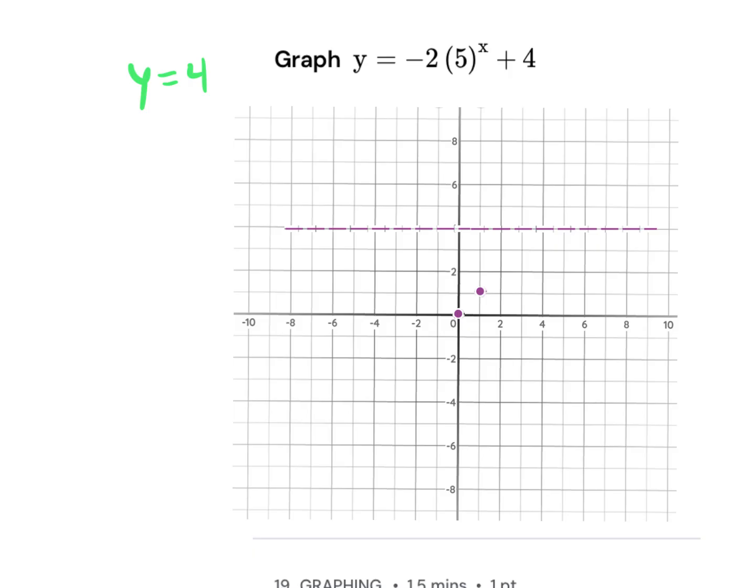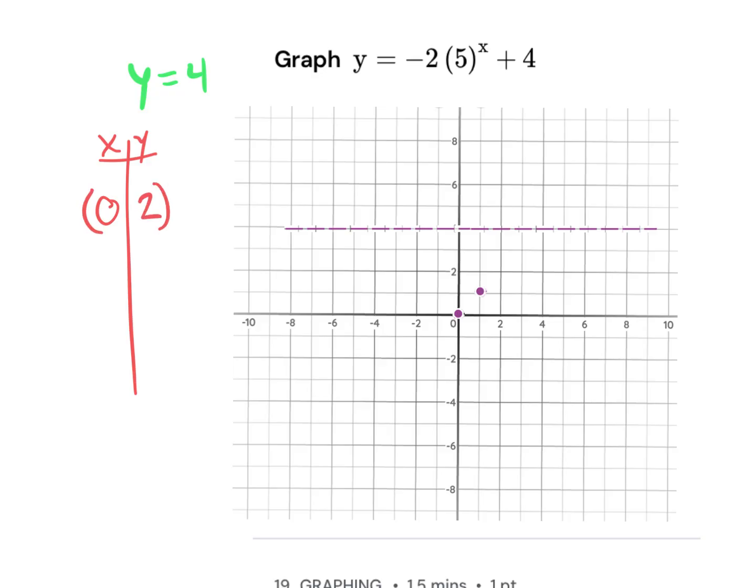And then from there, you're going to do a quick XY table, plug in some easy numbers like 0. And if you do plug in a 0, and you're plugging it into the whole thing, you're not ignoring the k value, plug in a 0 right there. 5 to the 0 is 1. 1 times -2 is -2, and -2 plus 4 is +2. So when you plug in a 0, you get out a +2.